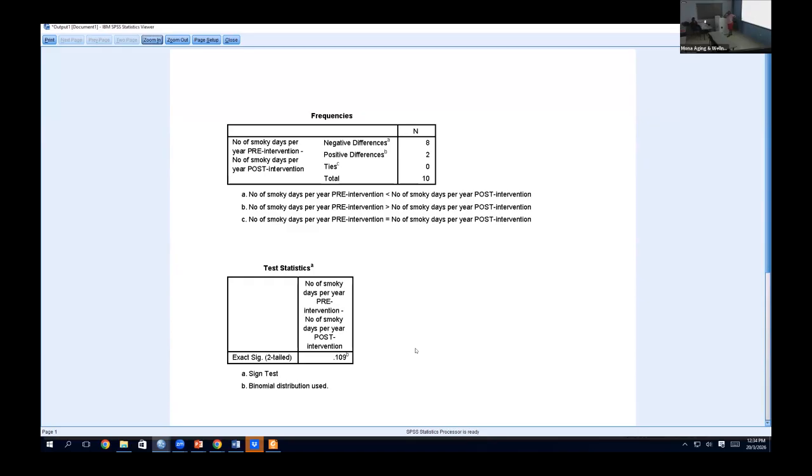Before intervention. Right. And so in the back of your mind, you're thinking that something must be going on. But you also know that based on how the sign test runs, it doesn't take into account the magnitude of the differences. There are differences that we can see, and they might even be very marked.